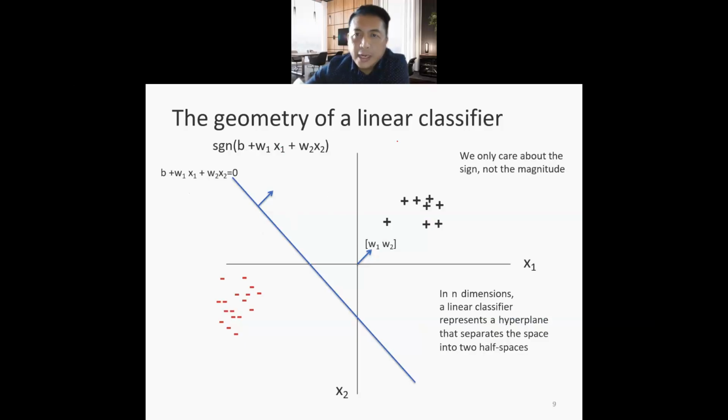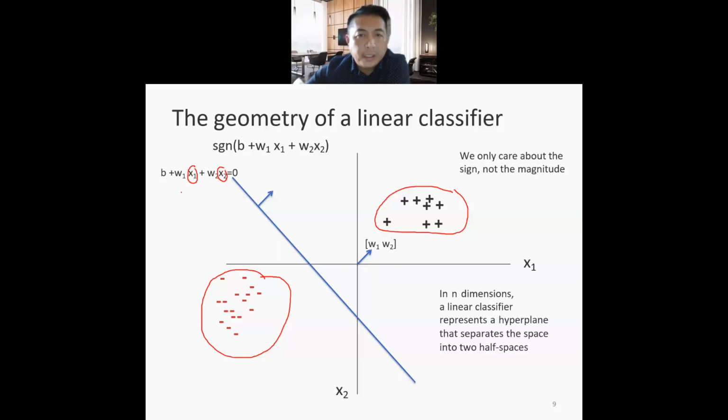The geometry of a linear classifier can be illustrated as follows. We are looking at the positive samples here and the negative samples here. This line, because we have two variables here, x1 and x2, is in 2D, two-dimensional.